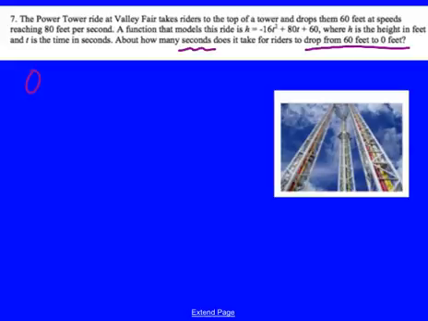Equals, if h is height, I need to find it when height equals 0. So this actually turns out to be pretty nice, because I just got to use my quadratic formula. The reason I'm going to do my quadratic formula is I don't want to factor with those negative numbers.